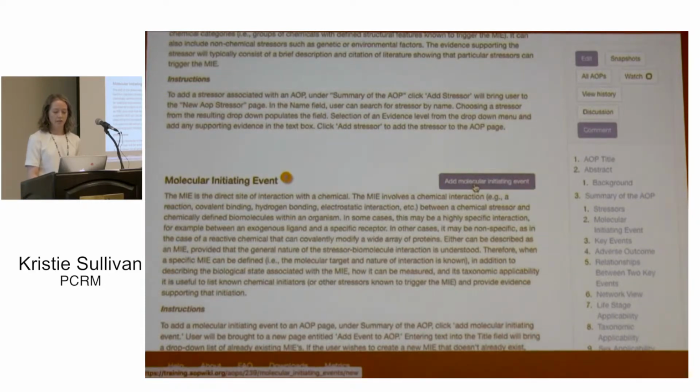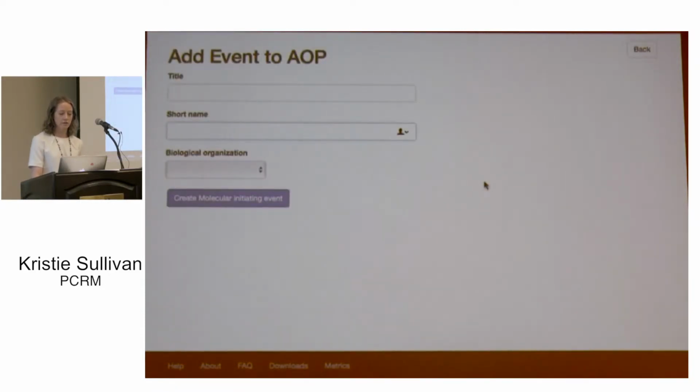When you hit Add Molecular Initiating Event and start typing, for our example we're going to use calculation of, and if you pause for a minute, it will come up. Oh, there's already an event. So we're going to use that, okay?